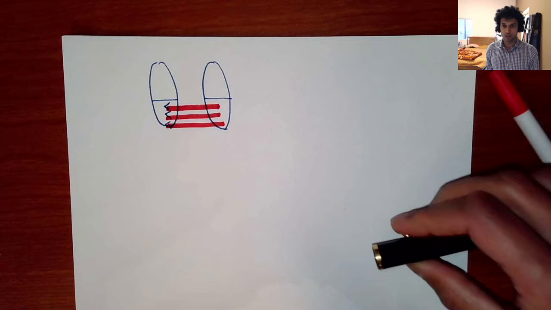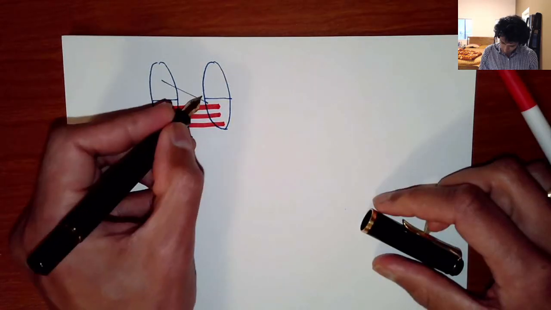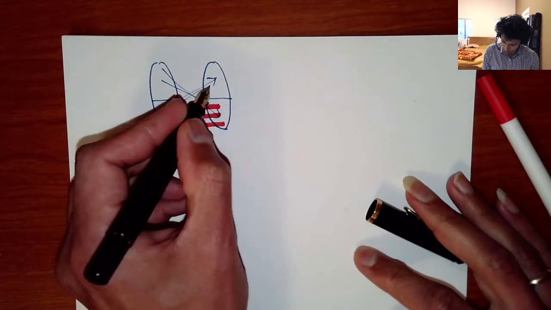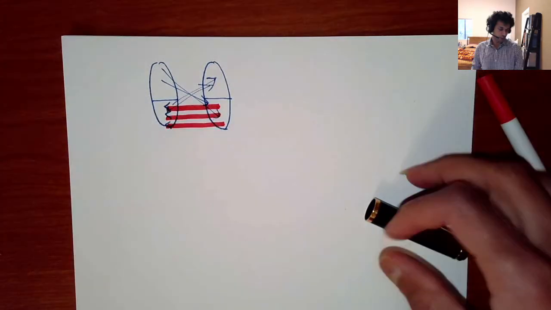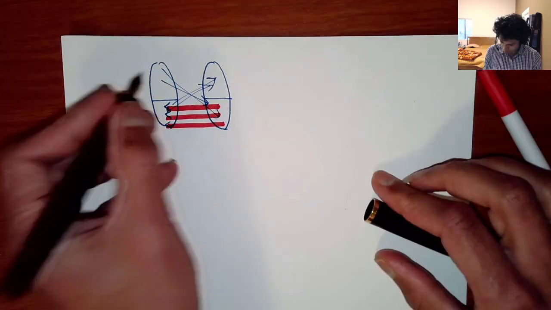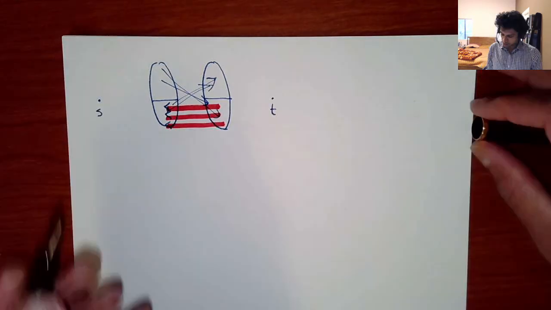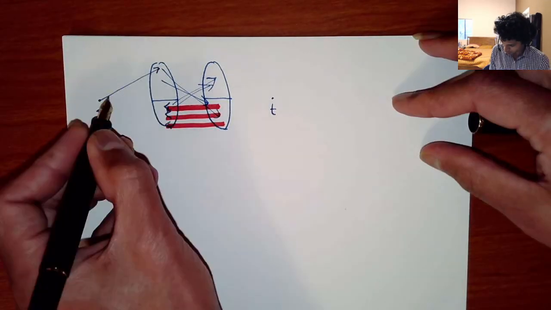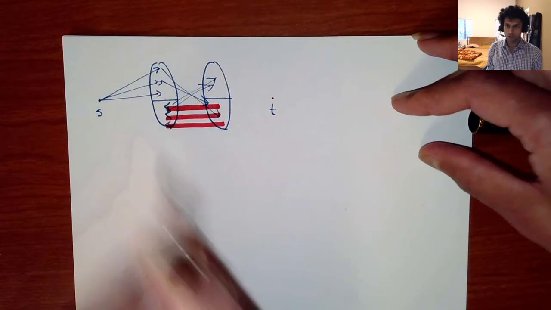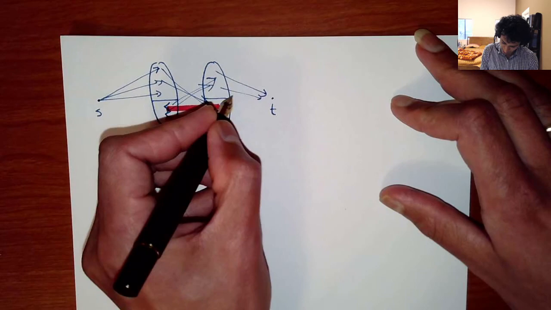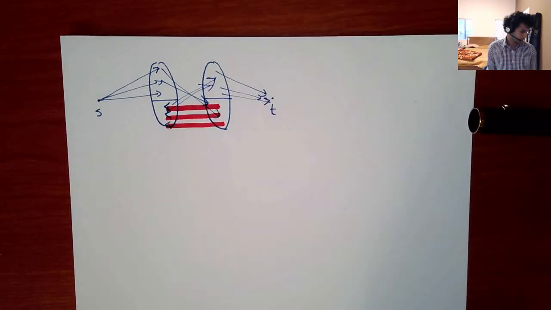All other edges are going to be directed forward, while the matching edges are directed backwards. S is only going to have edges to the unmatched part, and the unmatched part has edges to T. This is the current situation we're in.